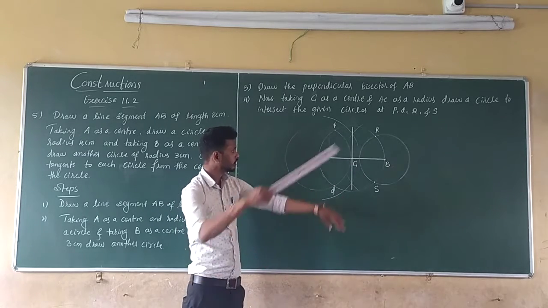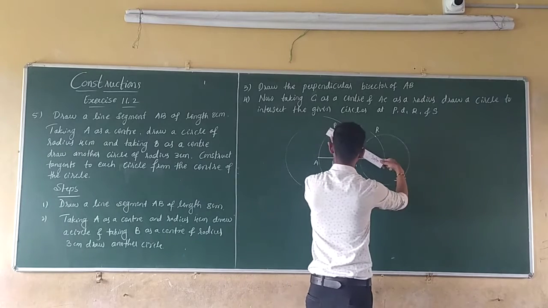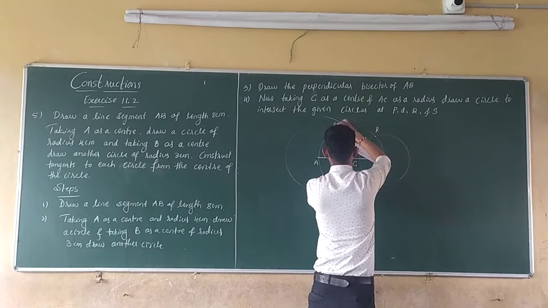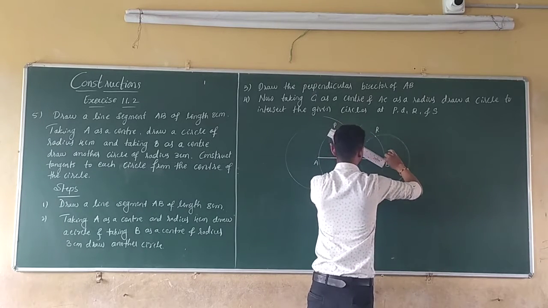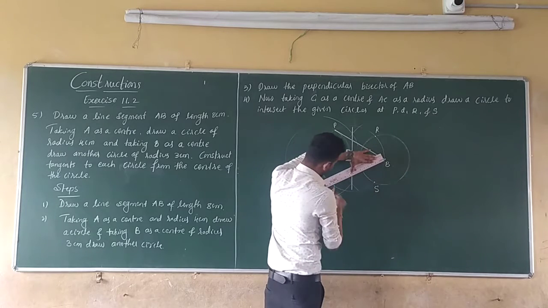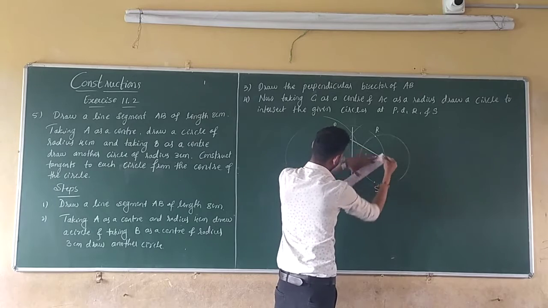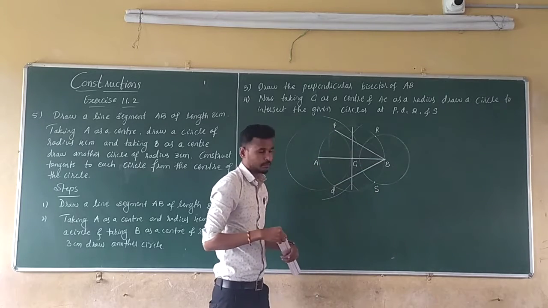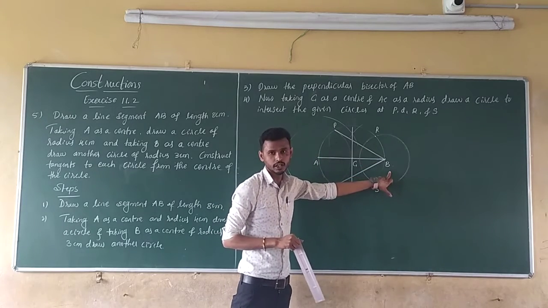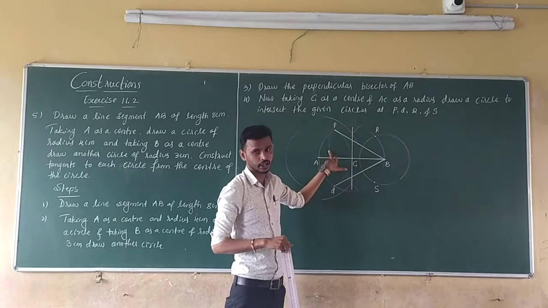Now join what? PB, PQ. So these are the two tangents from the center of the smaller circle to the bigger circle.